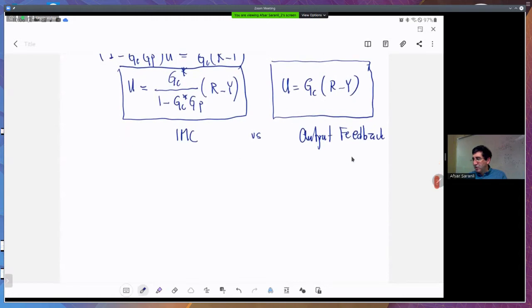Okay, so that establishes an equivalence between the controller in the classical output feedback architecture and the controller that is being designed for the IMC architecture.